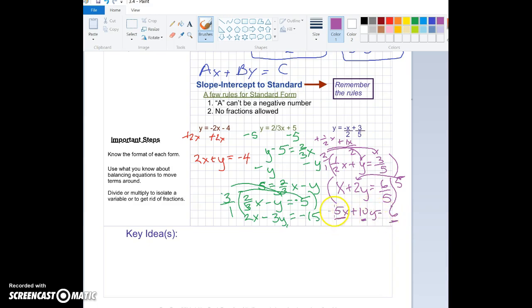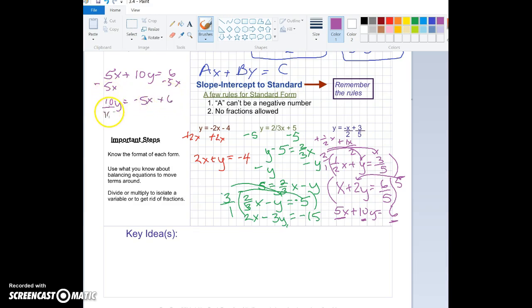Now you can check that to see if what I've done is correct by simply taking 5x plus 10y equals 6 and seeing if you can put it into slope-intercept form. So let's do that. 5x plus 10y equals 6. And let's put it into slope-intercept form. I'm going to isolate my y by subtracting 5x. And I get 10y equals negative 5x plus 6.